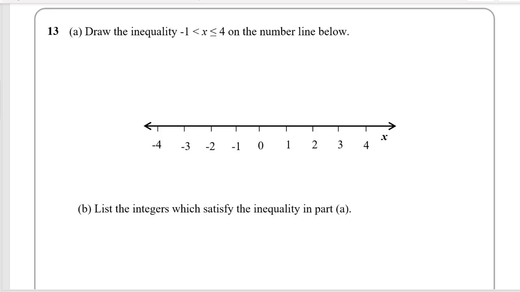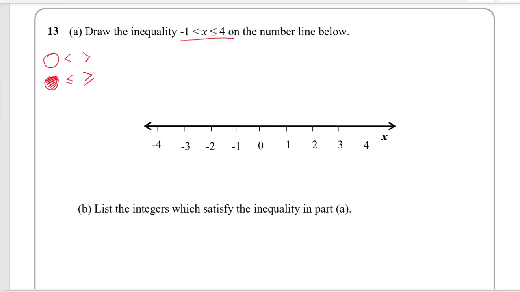We've got a number line inequality, so we draw the inequality. x is greater than minus 1, but not equal to, so we use two different circles. The hollow one is only for greater than or less than, and the solid one is for greater than or equal to, and less than or equal to.